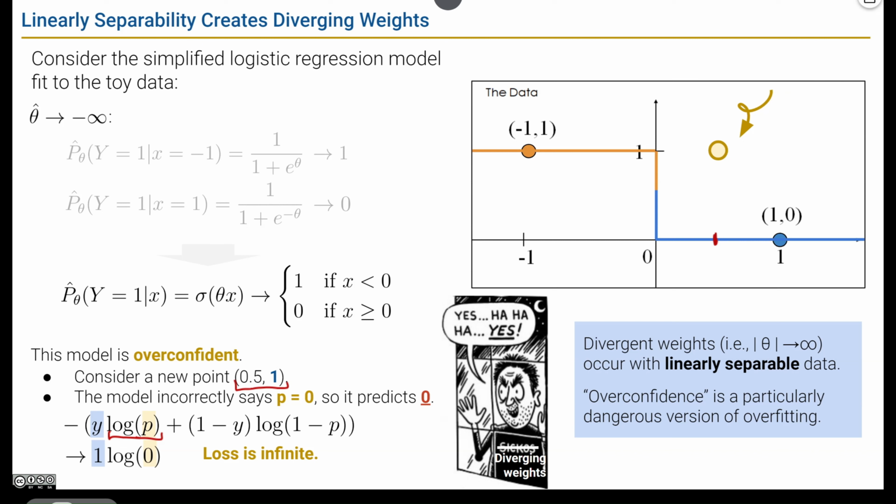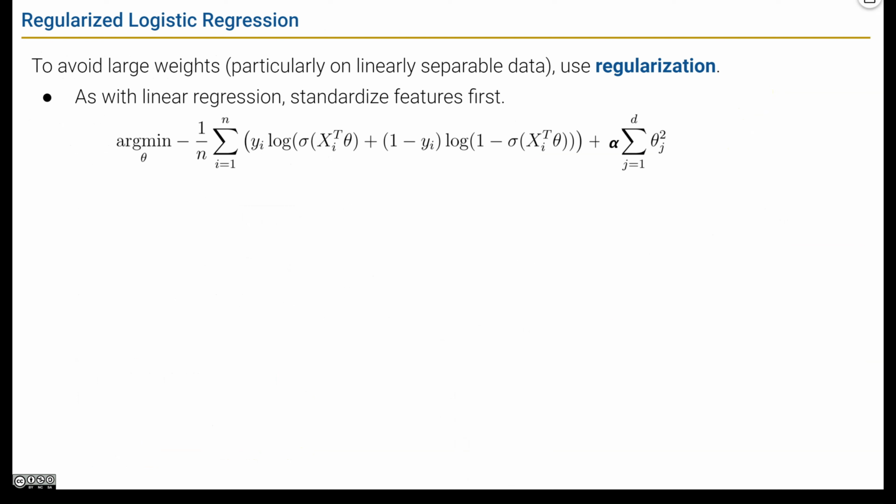My loss will be infinite. And this is also a problem. I do not want to have infinite weights. I do not want to have infinite loss. So I need a way to help my model in these simple cases where I have linearly separable data, help it not shoot off to infinity. And that's really what happens with regularization.